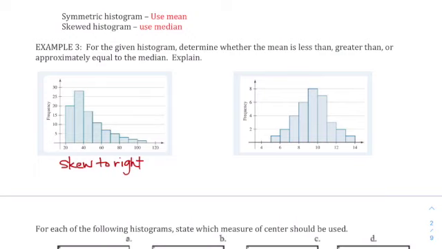Now the second part asks, determine whether the mean is less than, greater than, or approximately equal to the median. Explain. Well, the reason is that if you look at the first pictures, when you add them all together, the large pieces are going to compensate for the smaller pieces.